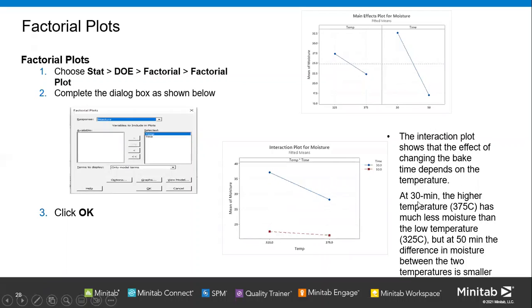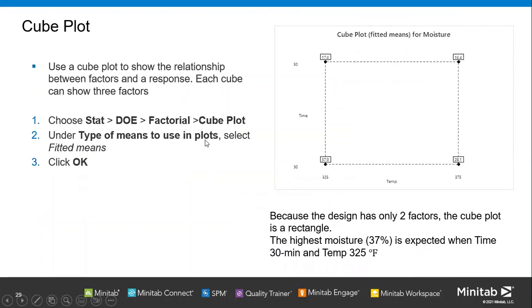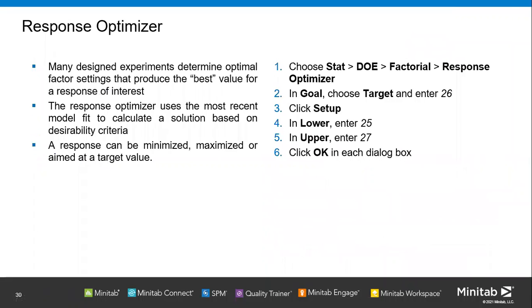So at 30 minutes, the higher temperature has much less moisture than the lower temperature. But at 50 minutes, the difference between them is smaller. And after that, maybe you can go for the cube plot. I will show how to get it. And then of course, the last aim of this project.